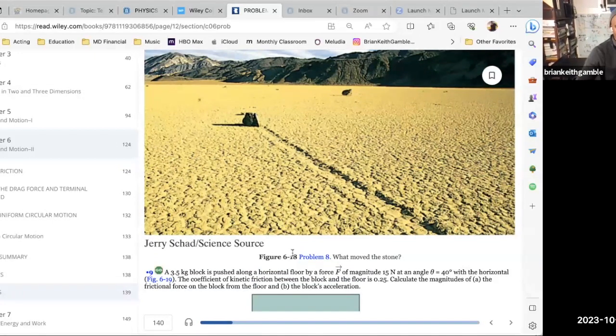Well, there's this desert where the stones drag along, and the people say that it's wind. I've got to tell you, you might want to read that. I saw this story. This is one of these deserts, I think it's in Brazil, where these big heavy stones drag along, and the people say that it's the wind that's doing it.